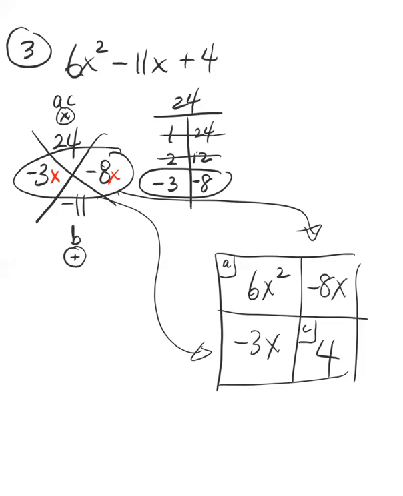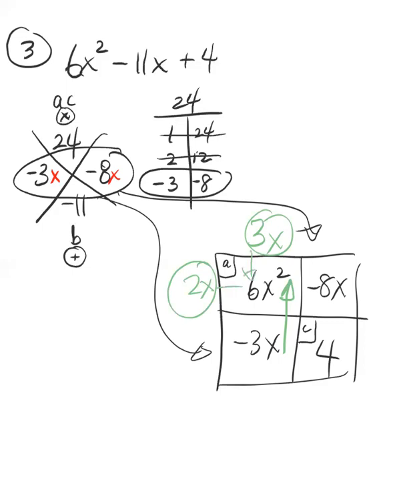Let's factor going up on the first column. So what do both of these guys have in common? They can both be divided by 3 and a x. So now I just need to work the puzzle. What times 3x is going to get me 6x squared? And that is going to be 2x. Okay.